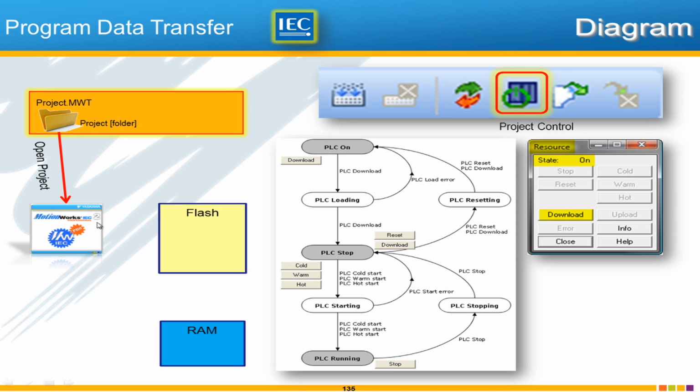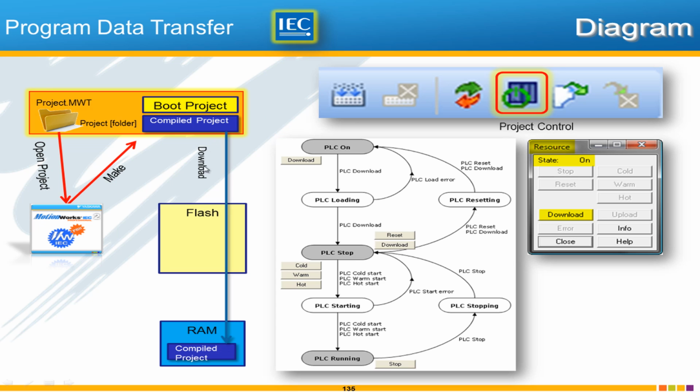So we open the source of the project, and at some point we click make, and make then creates that compiled project and the boot project, which is also a version of the compiled project. Then when we press download, download by itself downloads the compiled project into RAM. If we have the boot project checkbox checked, it would also download the boot project, or that could be done separately.